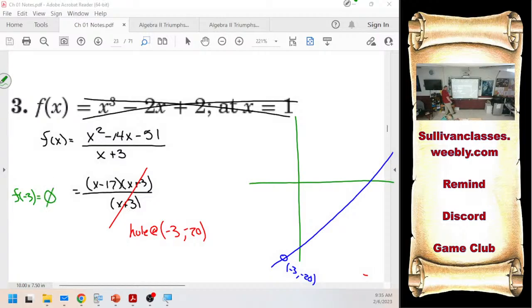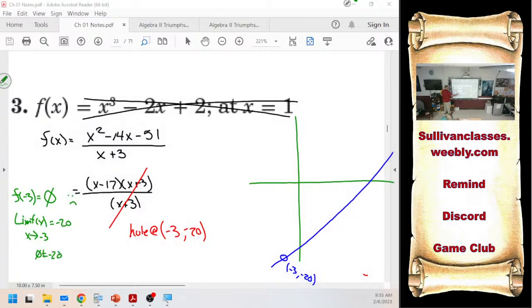No. My limit, as I get really close to -3, I can go into my calculator, I can type negative 3.00001, negative 2.999999. And in both cases, I'm going to get really, really close to negative 20. Undefined does not equal negative 20.